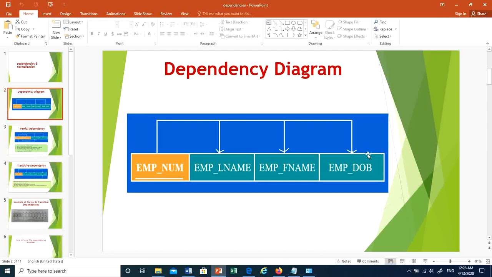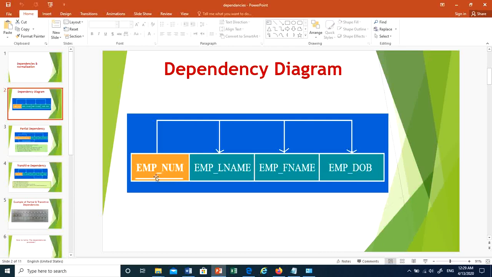That also explains that these 3 attributes, the employee last name, first name, and date of birth, are determined by employee number. In other words, the employee number determines the rest of the attributes in this relation, because employee number here is a primary key.